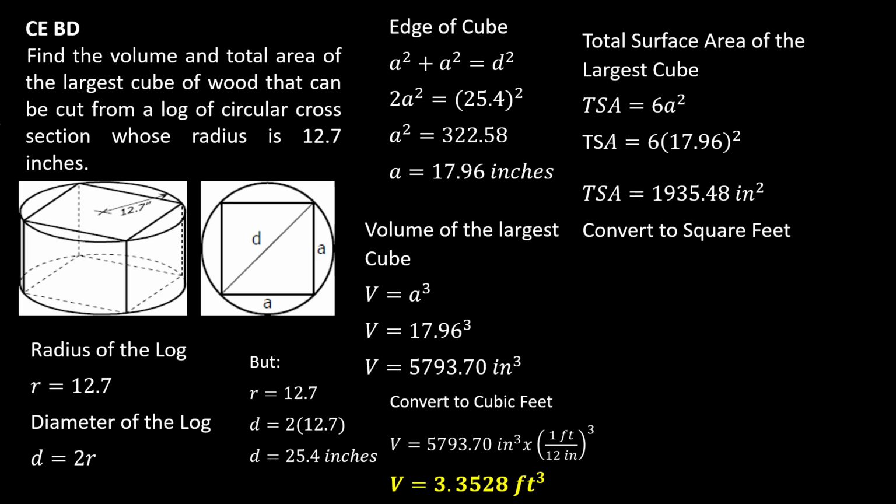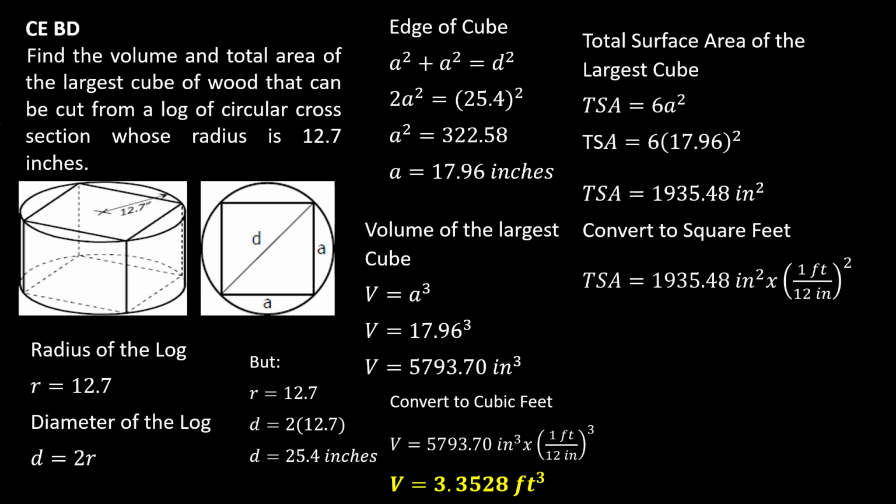Similarly, with our volume calculations, we converted our volume to cubic feet. Now we also have to convert our total surface area to square feet. Let us always remember that 1 foot is 12 inches.